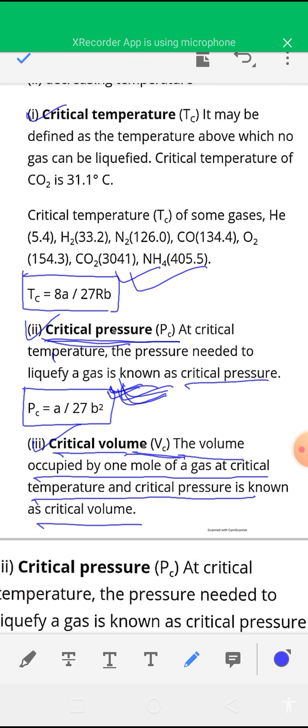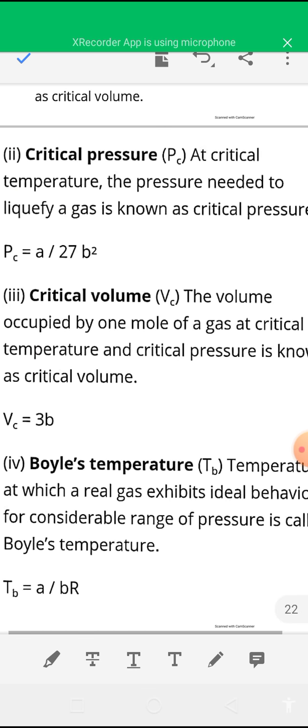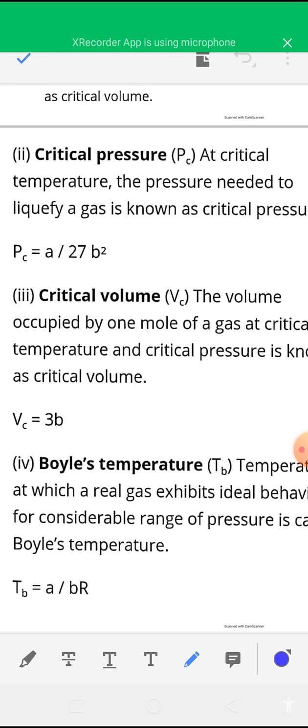You have to remember the definitions of critical temperature, critical pressure, and critical volume. The value of critical volume of a gas is Vc = 3b, where b is the van der Waals constant.